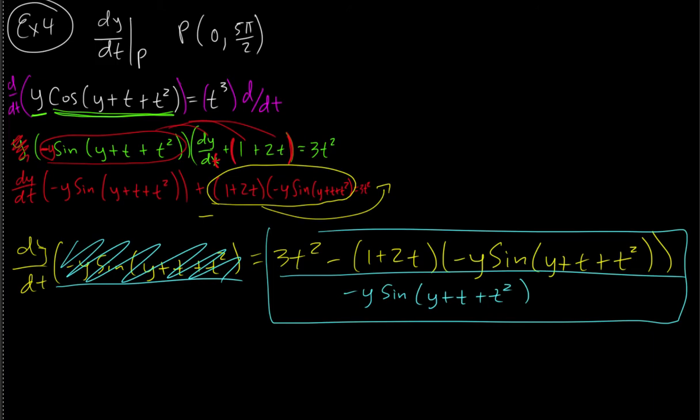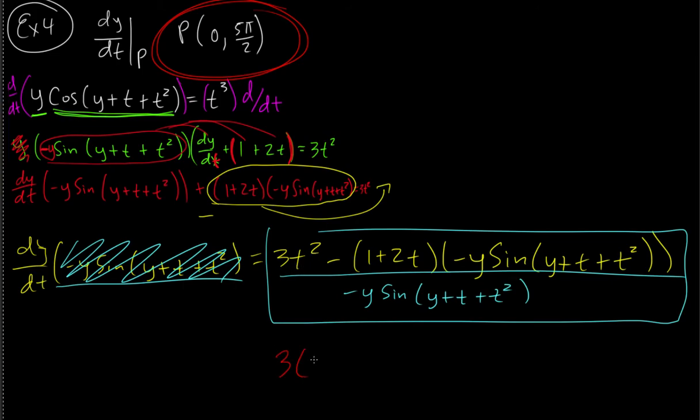Yes. So all we need to do is go back to this point and plug in 0 for x and 5π/2 for y, or 0 for t. Sorry, I keep saying x. So all of my t's are going to go to 0.